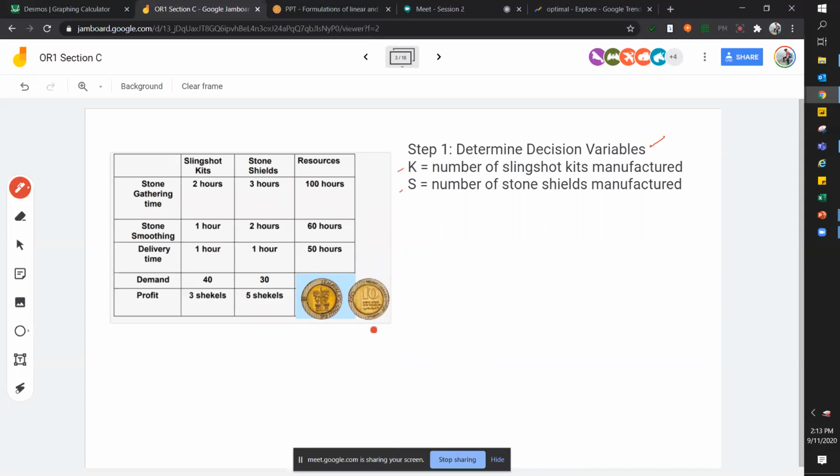Ngayon, ano ang objective? Ano po yung objective? Sa palagay nyo, given yung data natin, alin dyan yung objective? Resources? Bakit? The resources? Correct.